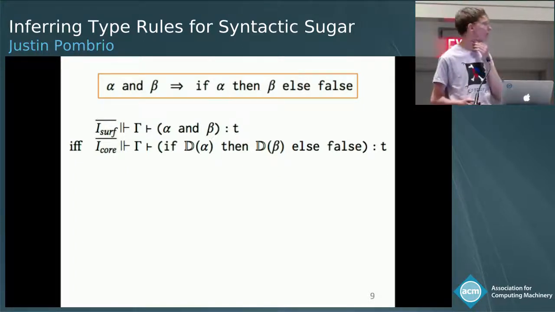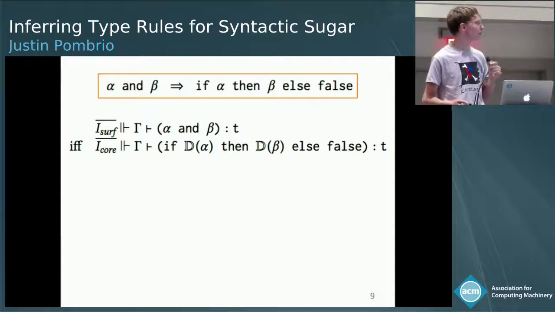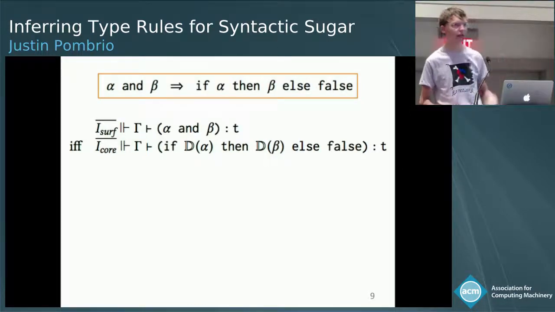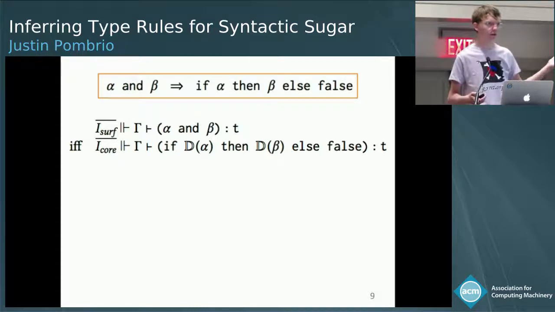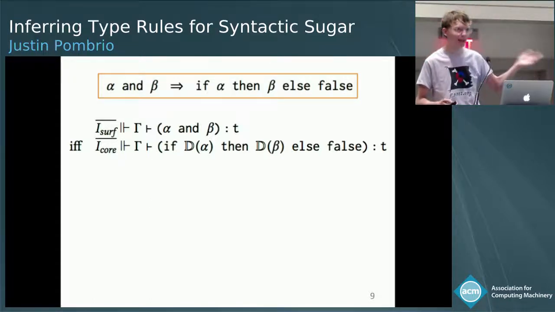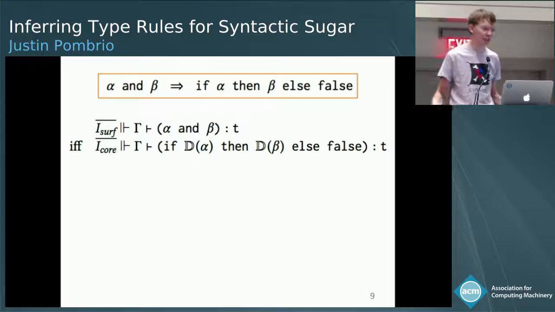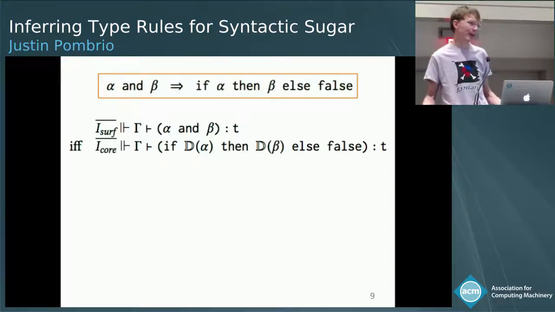Now this is a slightly different rule than Will gave. He said if there's a type in the surface language, then you get the same type in the core language. In my case here, I'm inventing the surface language type rules, and so that if statement wouldn't be very useful because I could cheat and just say, oh, nothing has a type in the surface language, so the if vacuously holds.